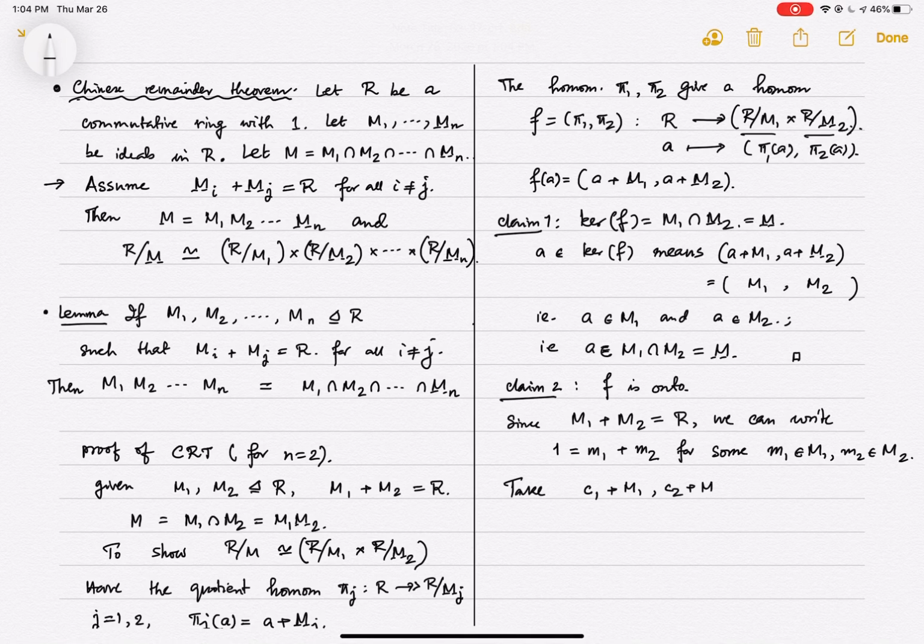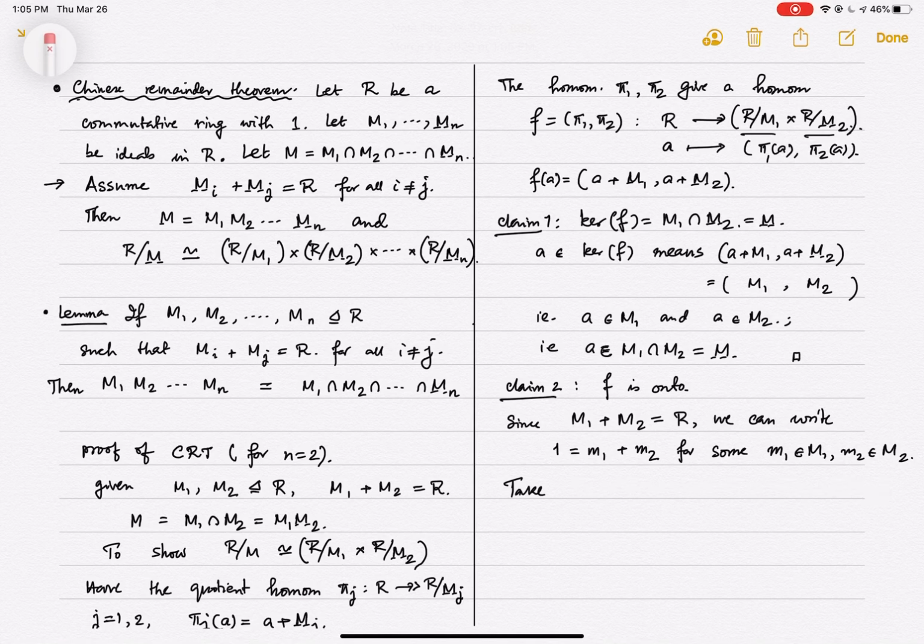That's a typical element on the right hand side here in R mod M1 cross R mod M2, for some C1, C2 in R, right? So let's write it that way.